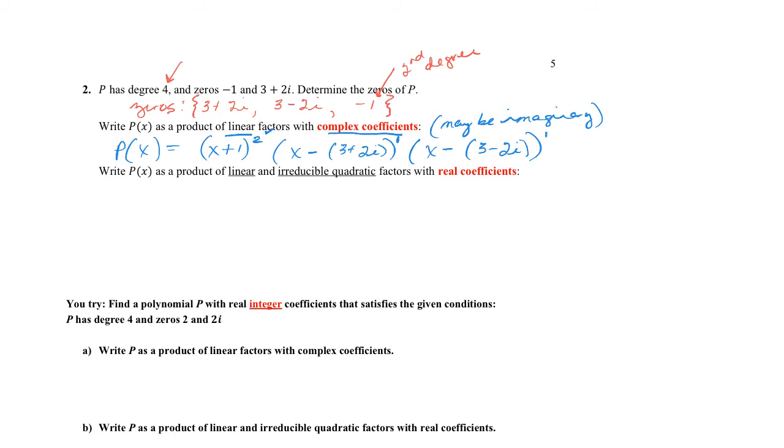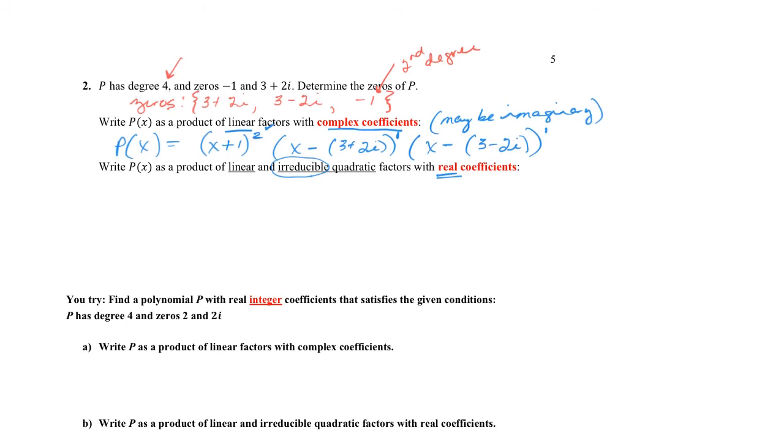For the next part, I'm told I'm going to write p of x as a product of linear and irreducible quadratic factors, but this time I'm limited to real coefficients, so I can't have any imaginary numbers. So the first thing I'm going to do is rewrite the problem that I had above, p of x equals x plus 1 squared.